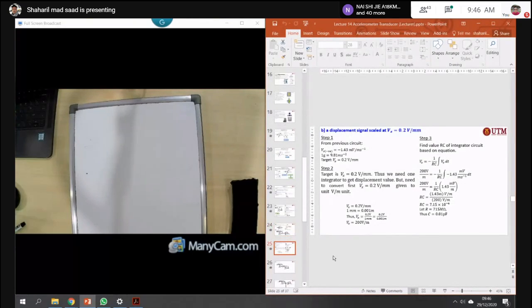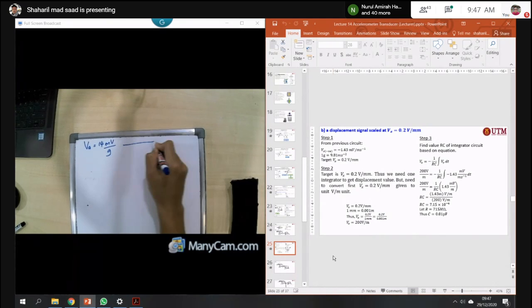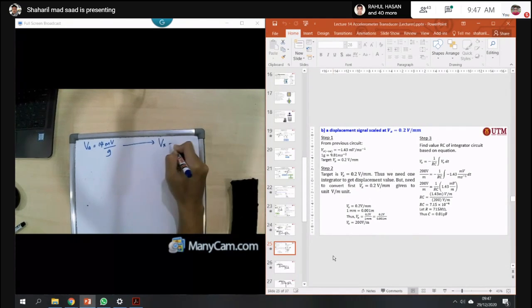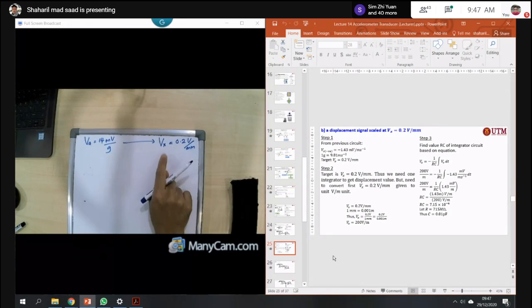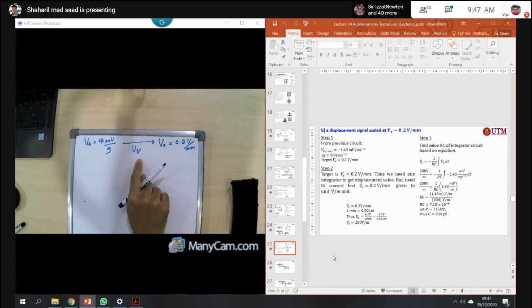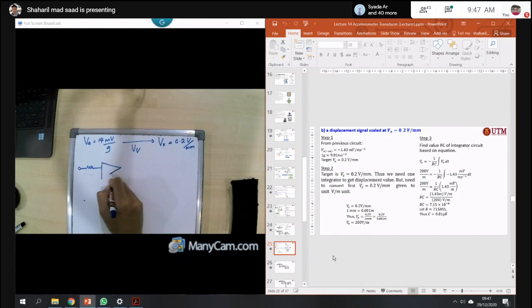So now let's proceed. The next question asks you to find the VA equal to 14 millivolt per G, and to get the Vx equal to 0.2 volt per millimeter. In order to get the displacement, you should get the velocity first. We already got the velocity from the first question.